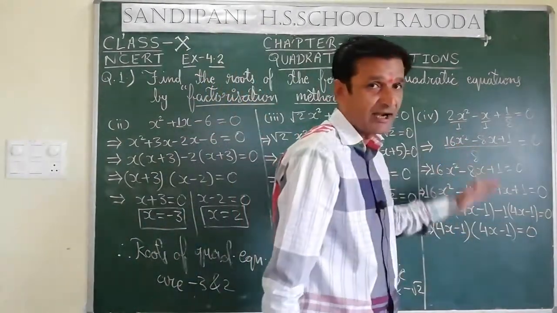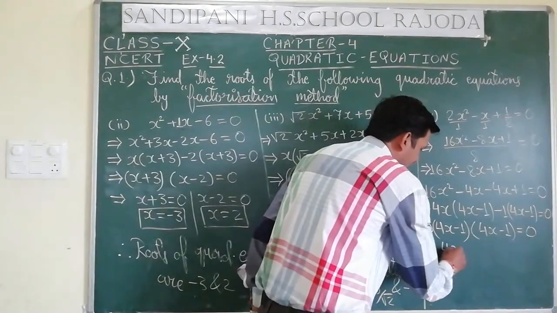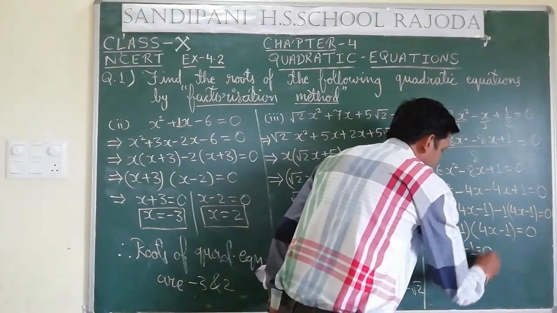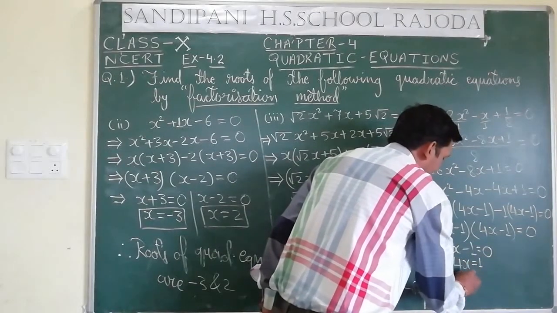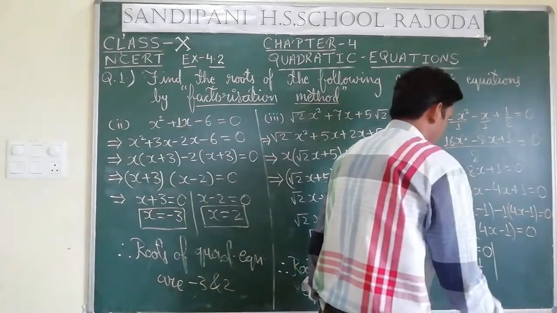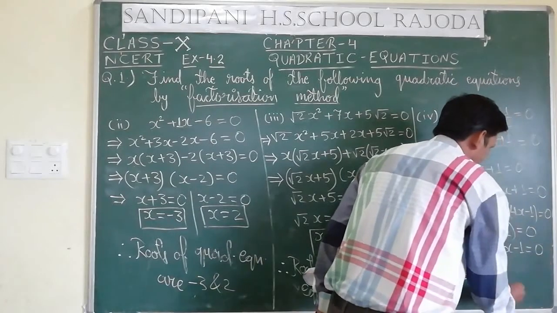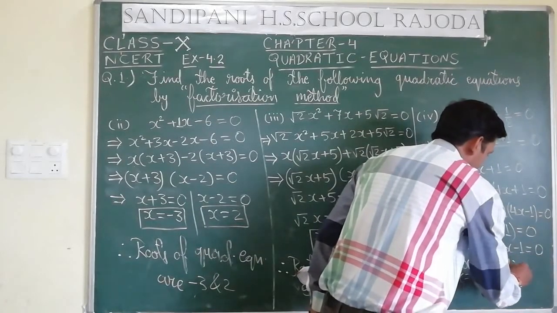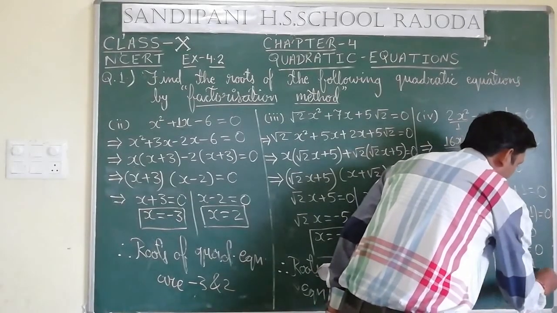You may apply that formula also. So if you take 4x minus 1 is equal to 0, then it will be 4x is equal to 1 and x is equal to 1 by 4. Now 4x minus 1 is equal to 0 again. So 4x is equal to 1 and x is equal to 1 by 4.